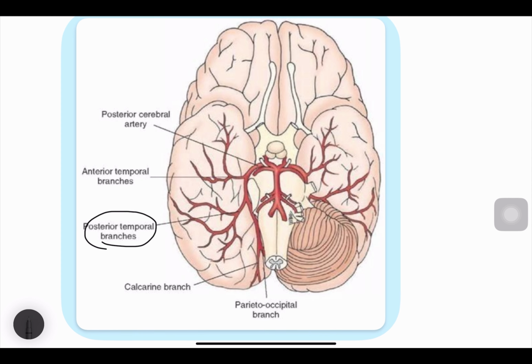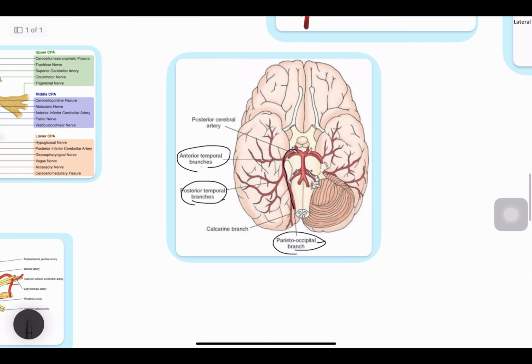In this picture as well we can see the posterior cerebral artery giving off branches which supply the occipital region, parieto-occipital branch, posterior temporal branches supplying the temporal part of the brain, and anterior temporal branches supplying the anterior temporal region.